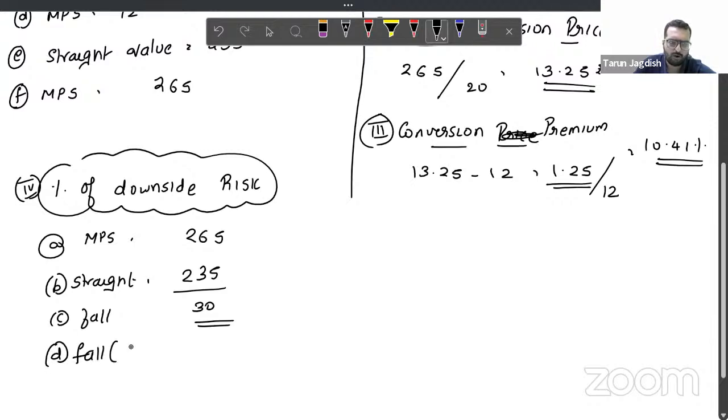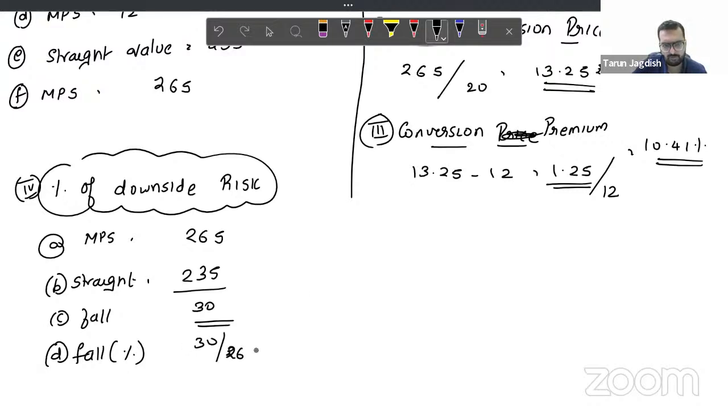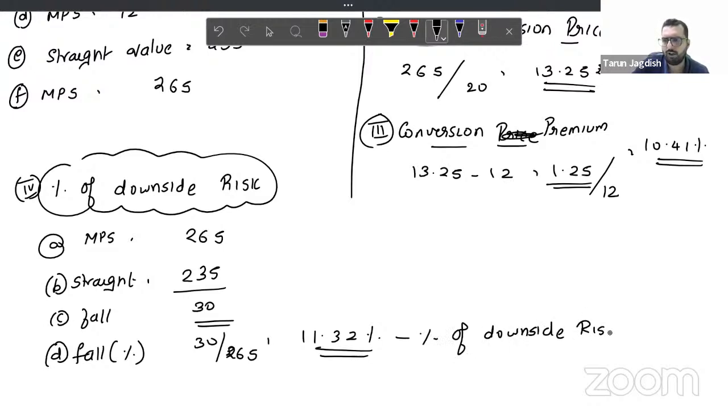If you want to find this fall in percentage, that will be 30 divided by 265. That is 11.32 percent. This is what they call the percentage of downside risk. Okay. Please write this down.